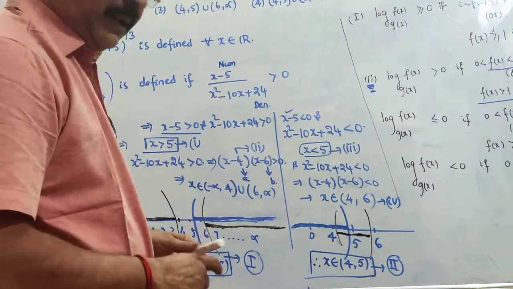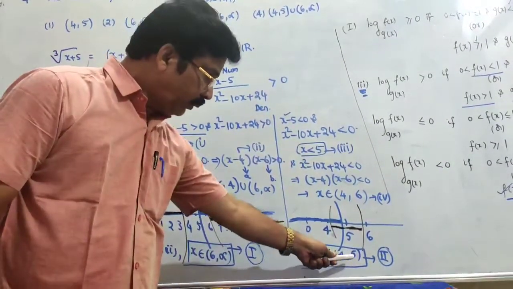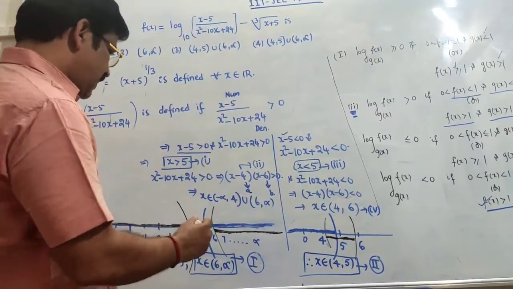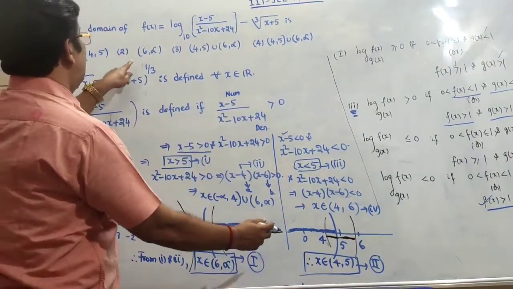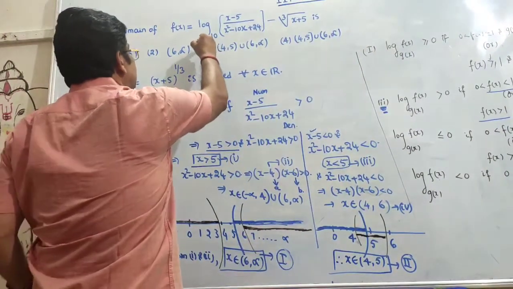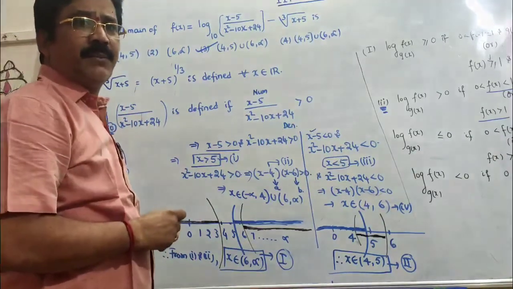So from Roman number 1 and Roman number 2 we have the final solution (4, 5) union (6, infinity). So the third option is right. This is the right procedure.